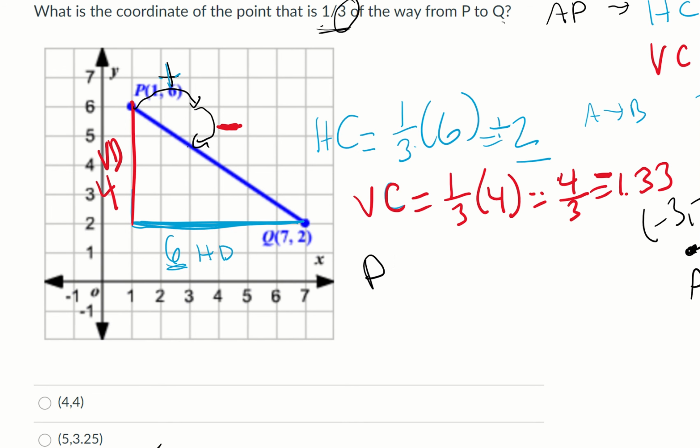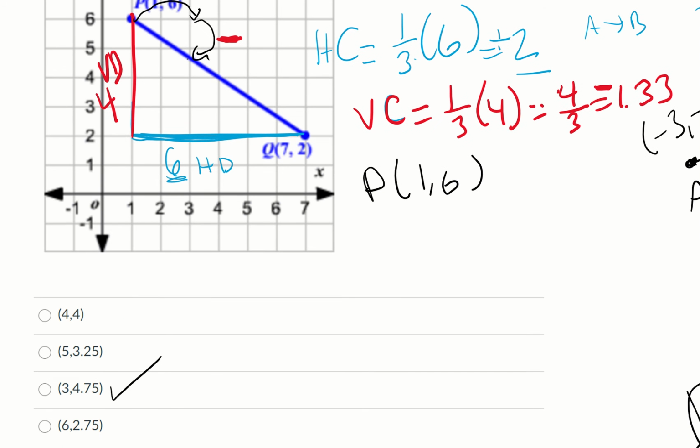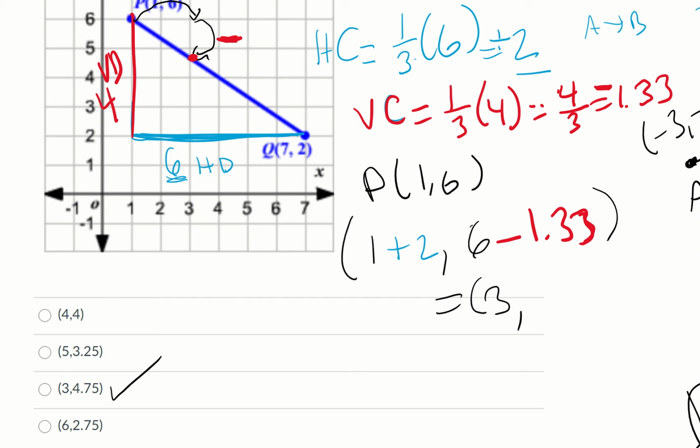So the coordinates of P are 1, 6. So I'm going to add to the X coordinate my horizontal change, and I'm going to subtract from the Y coordinate my vertical change because we're going down the line segment. If you did that, you're going to get 3. 6 minus 1.33.